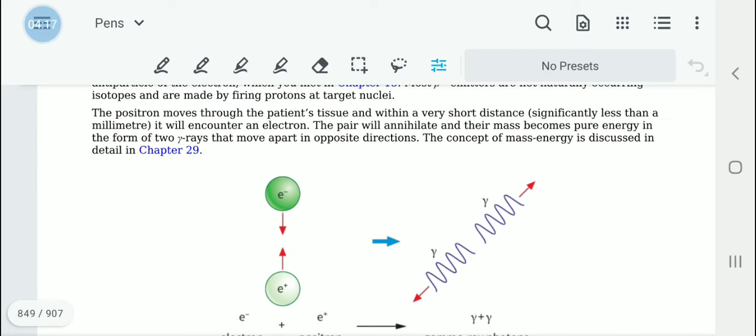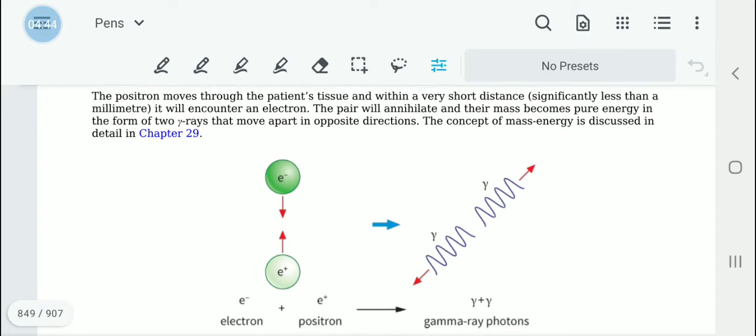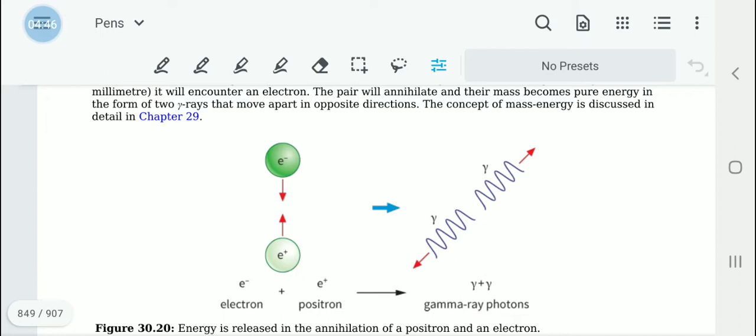The positrons move through the tissues, and within a very short distance, they will encounter electrons. Then the matter and antimatter will annihilate each other, and become pure energy to form two gamma rays, and they start moving in opposite directions.